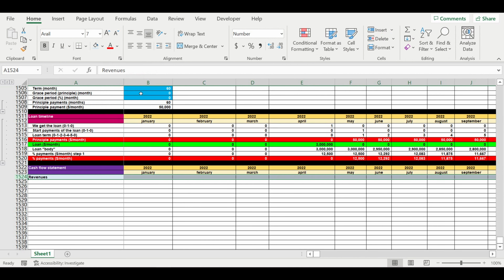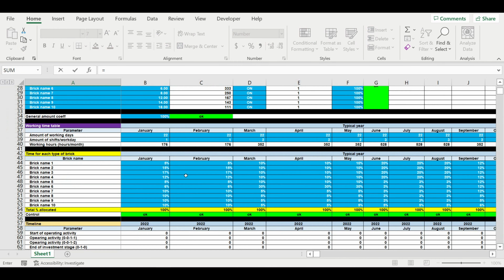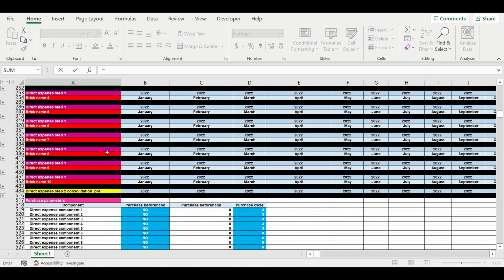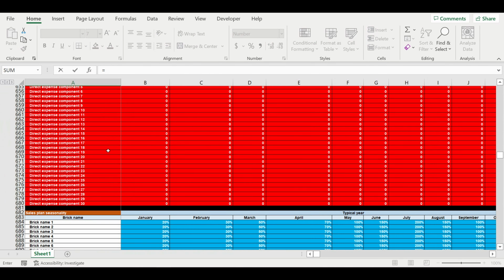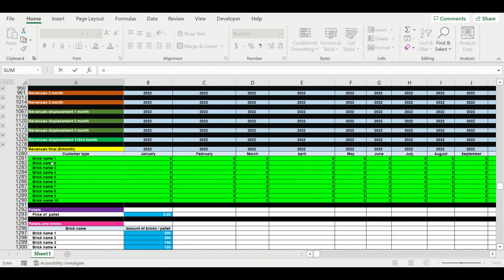We'll be just walking through the model and mapping the revenues. I'm just scrolling down, searching for the green line. We are close to them. Here they are. We have 10 types of bricks, and we're putting these green lines into the revenues.